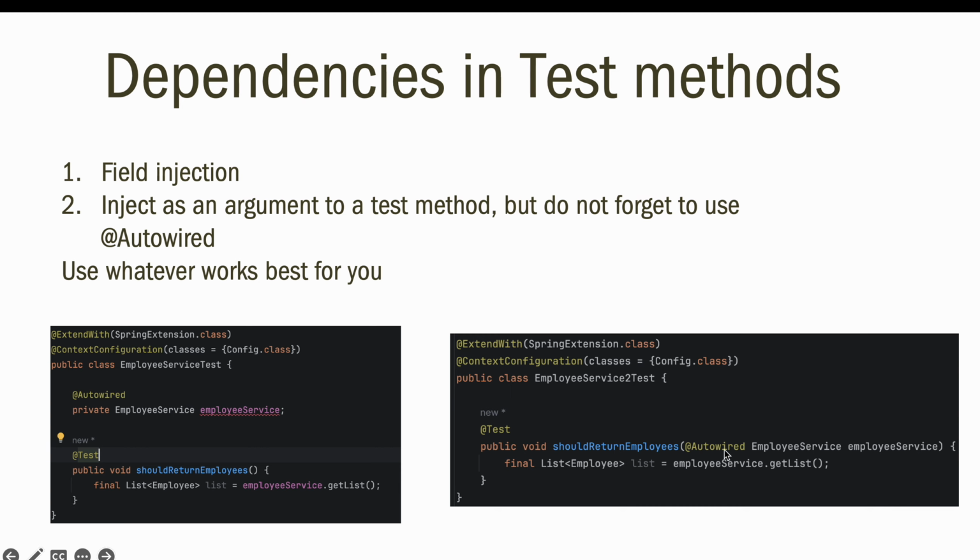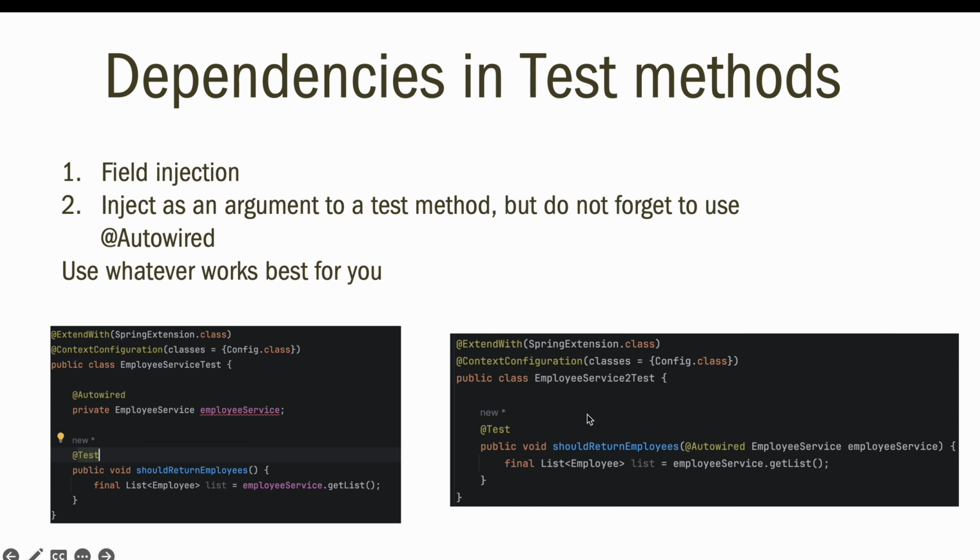As you can see, what I have actually done here is that I have added this as an argument. But also don't forget to specify the @Autowired annotation so that Spring will inject this dependency for you here, and then you can use this dependency in the test method.